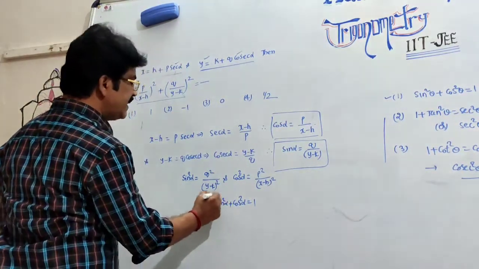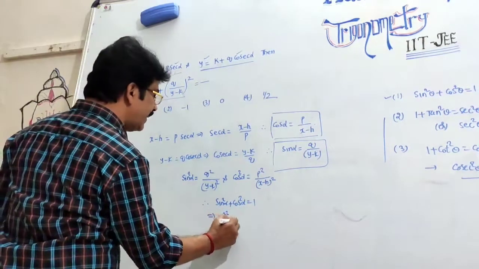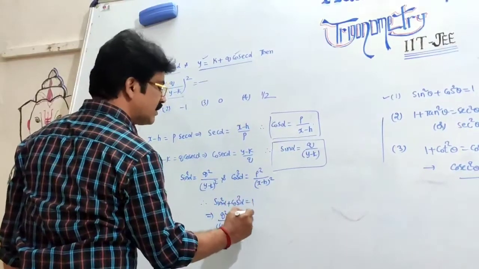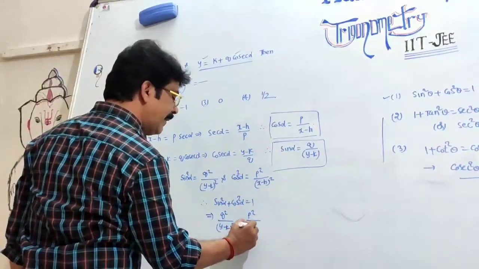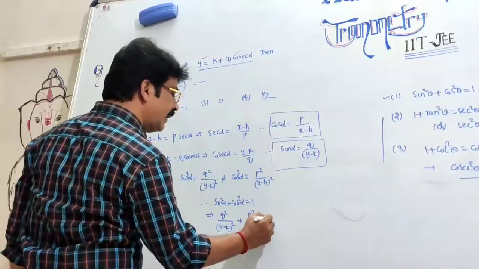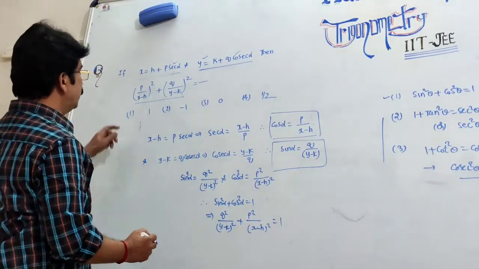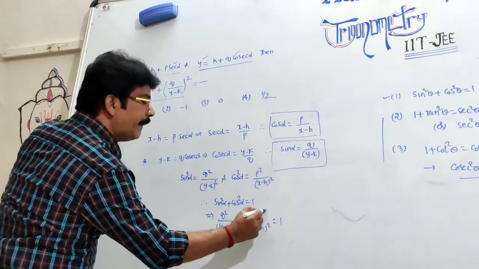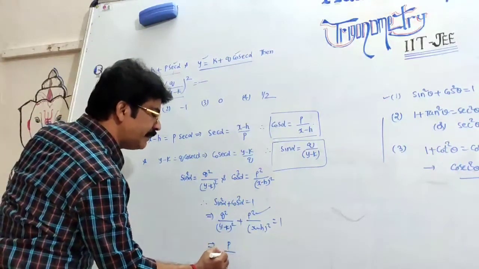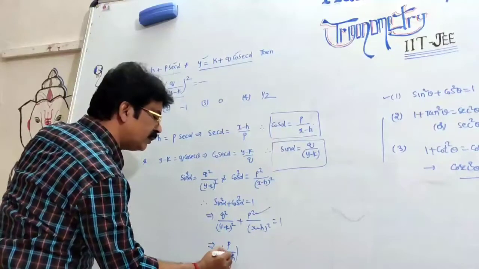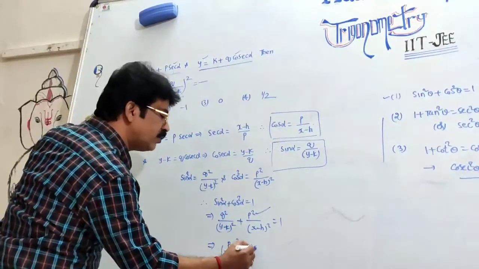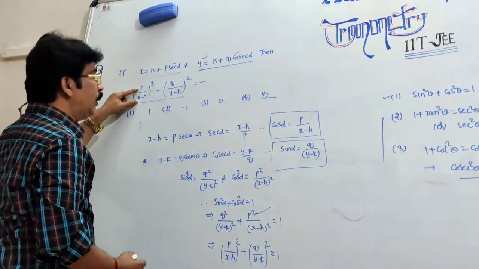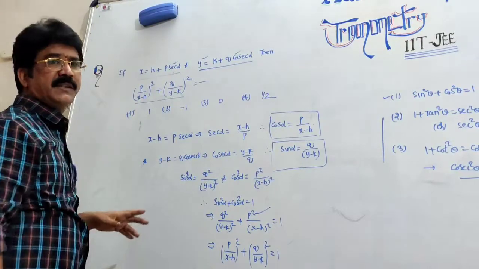So that implies q square divided by (y minus k) whole square plus p square divided by (x minus h) whole square is equal to 1. So what is the equation? (p divided by x minus h) whole square plus (q divided by y minus k) whole square is equal to 1. So which option is right? The first option is right. Hence the problem.